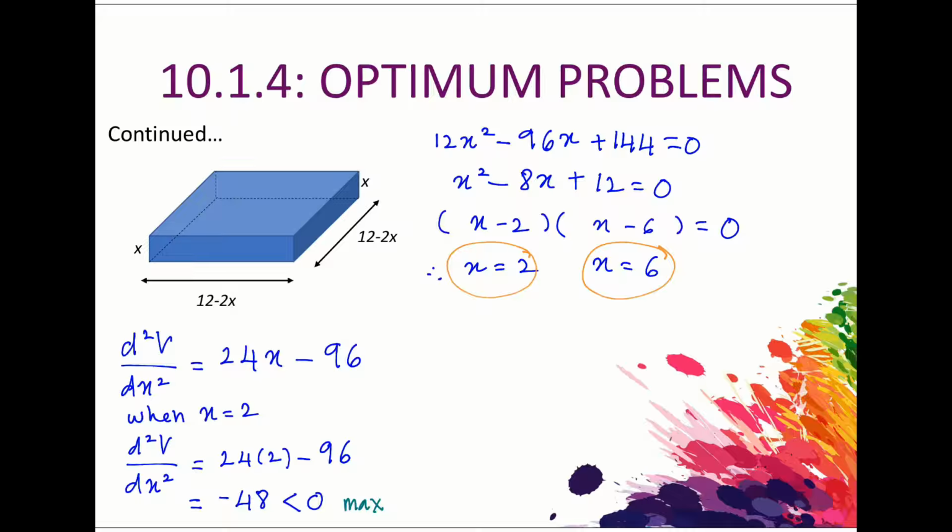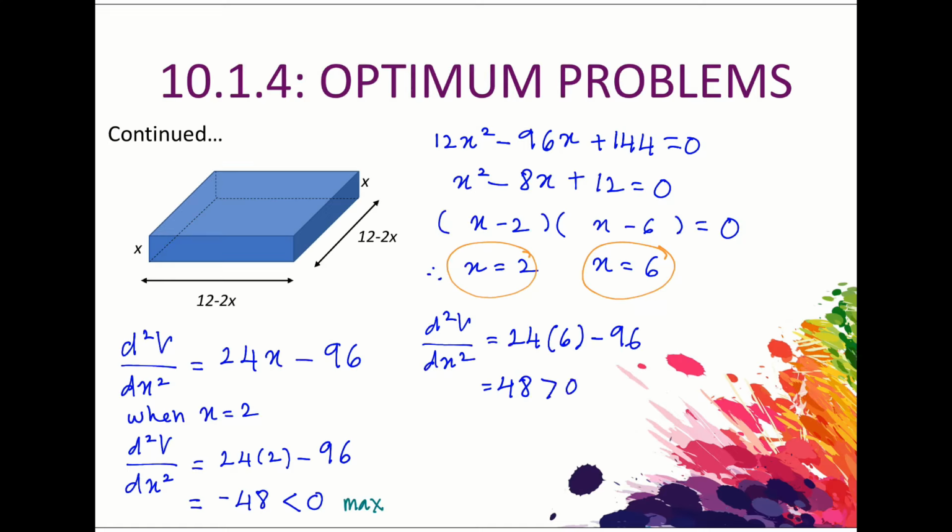Otherwise, we should also test for x equals 6. The second derivative for when x is equal to 6 is equal to 24 times 6 minus 96, which is equal to 48, which is greater than 0.